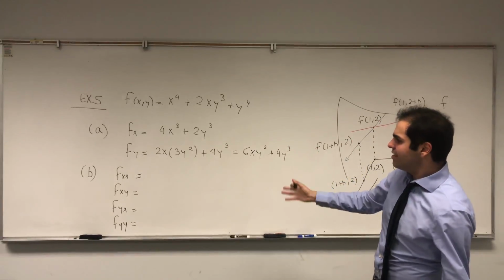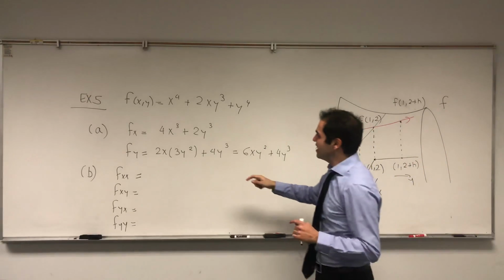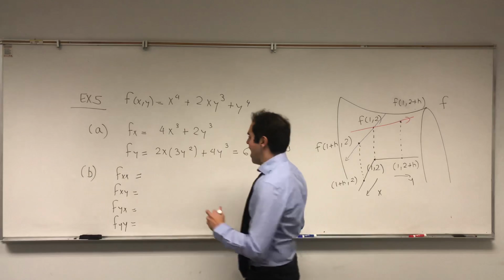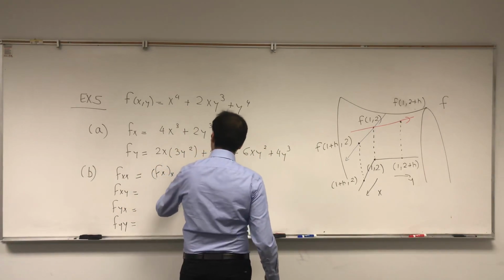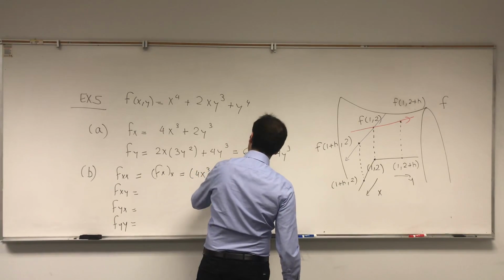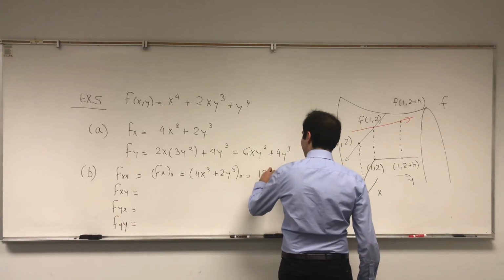It just means take f_x as a function and differentiate with respect to x. So just take this function and do the x derivative of this. So f_xx, which is just 4x cubed plus 2y cubed with respect to x, becomes 12x squared.